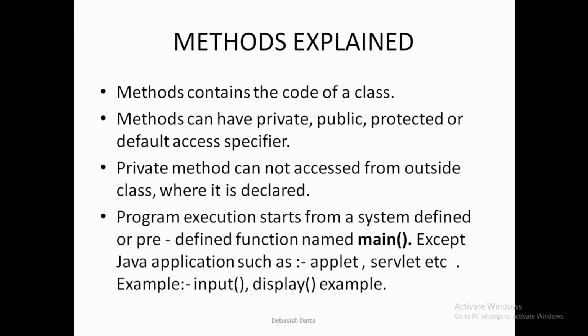The important thing is this last point: program execution starts from a system defined or predefined function named main, except in Java applications such as applet, servlet, etc. So what do we mean by program execution?